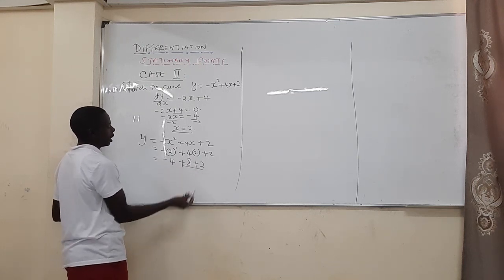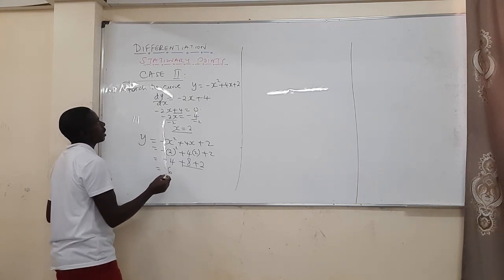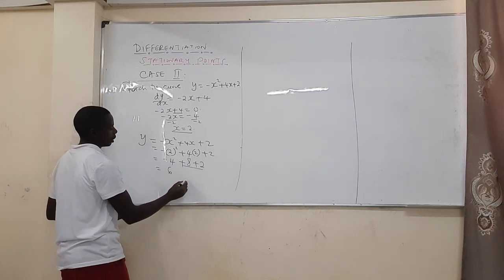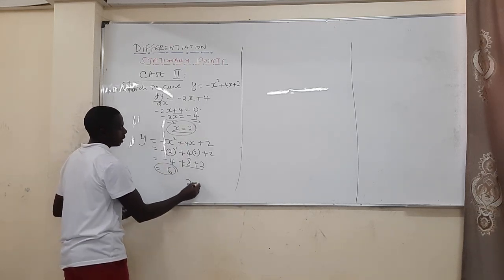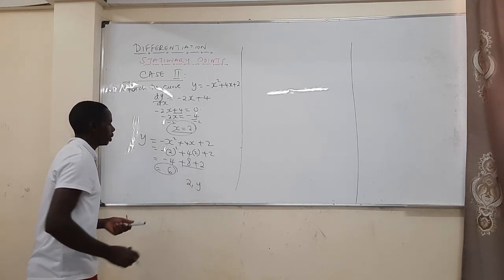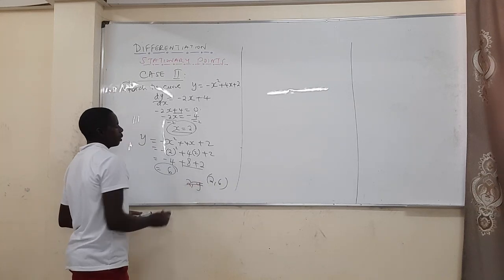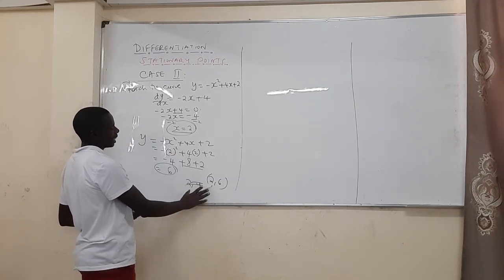So this is 10 minus 4, you get 6. So where you have the stationary point, x is 2 and y is 6. So that point is 2, 6. That is our stationary point at 2, 6.